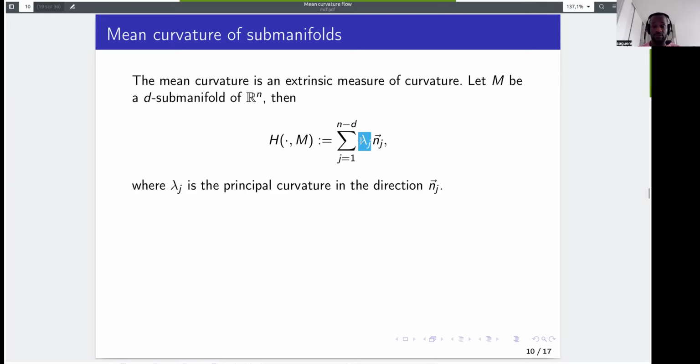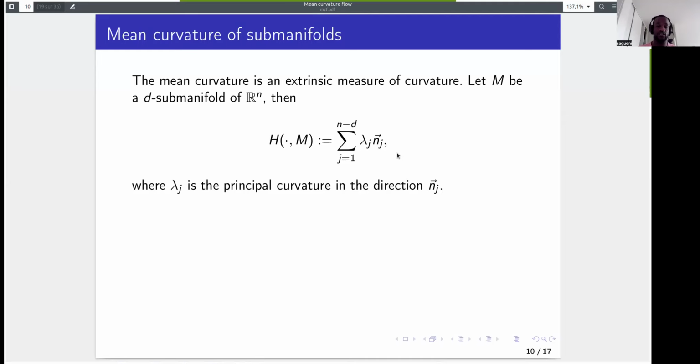You take the principal curvatures and you multiply them by the direction for which you computed the principal curvature. So you put your manifold and you draw orthogonal lines on the manifold, and in any direction you compute your principal curvature, you see your manifold as a curve.